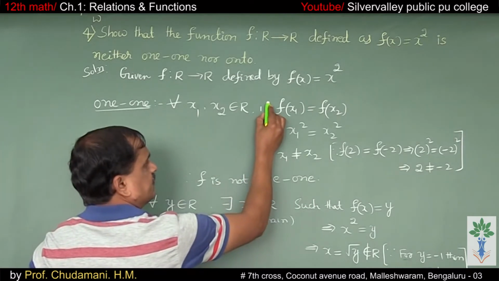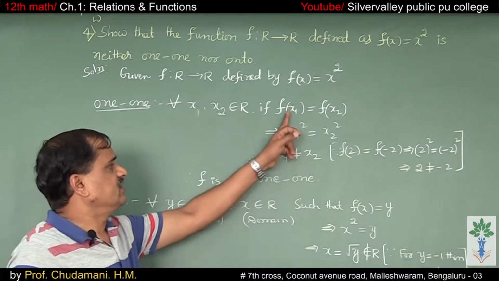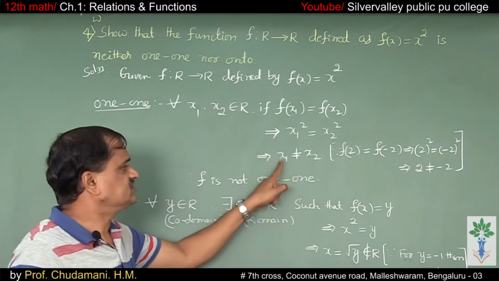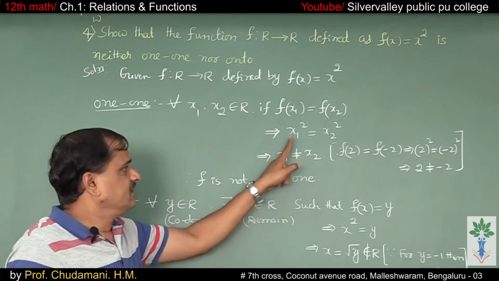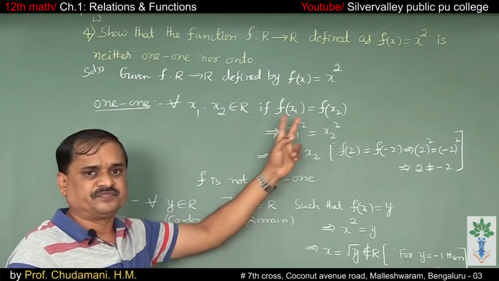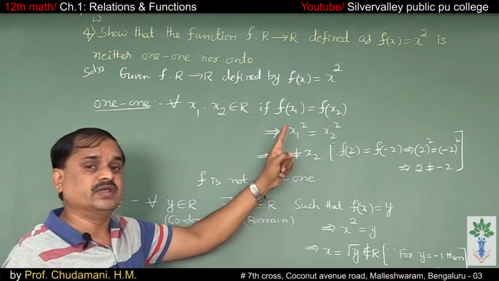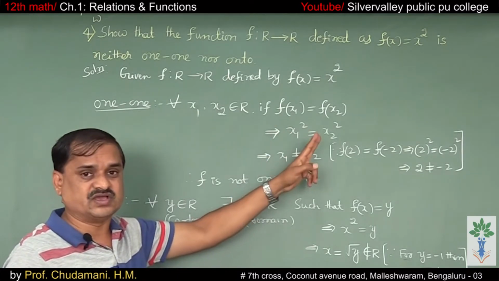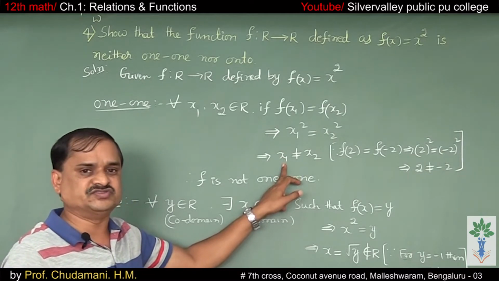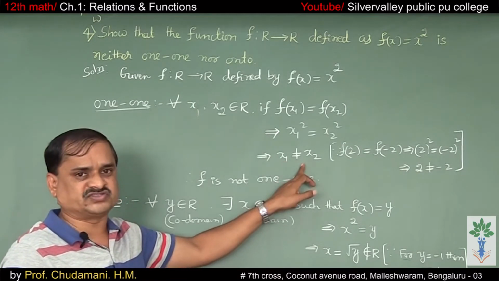If f of x1 is equal to f of x2, f of x1 means x1 square, f of x2 means x2 square. This implies x1 square minus x2 square equals 0, x1 plus x2 into x1 minus x2 equals 0. So clearly x1 plus x2 is equal to 0 means x1 not equal to x2.